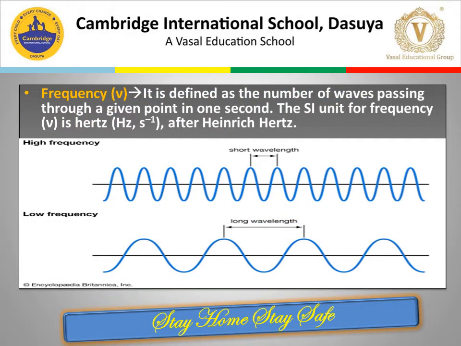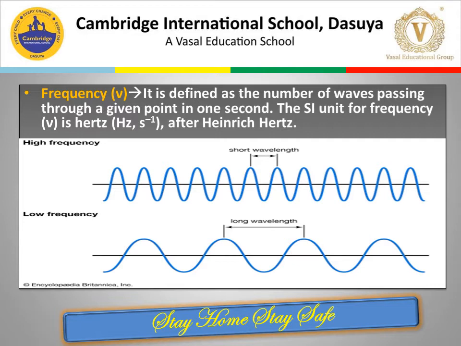Frequency, denoted by nu, is defined as the number of waves passing through a given point in 1 second. The SI unit of frequency is Hertz, denoted by Hz. Also, it is expressed in cycles per second. 1 cycle per second is equal to 1 Hertz.